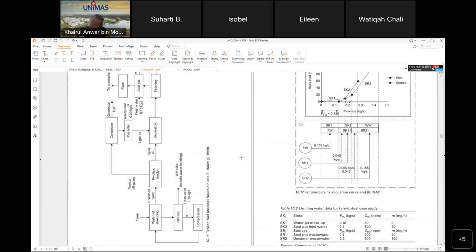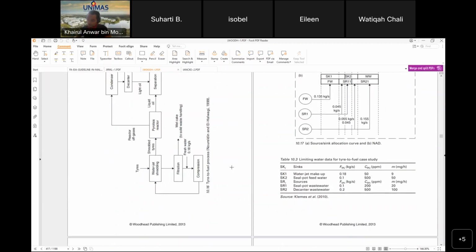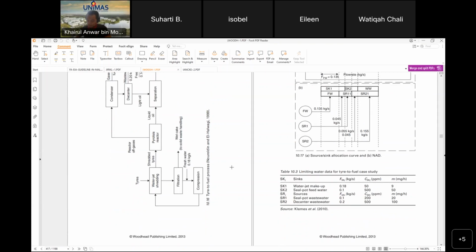Pyrolysis means you need to inject inert gas during the pyrolysis to prevent the material from turning to ash, which is to eliminate the presence of oxygen inside the reactor. Gasification is without the injection of inert gas. That is the difference between pyrolysis and gasification.